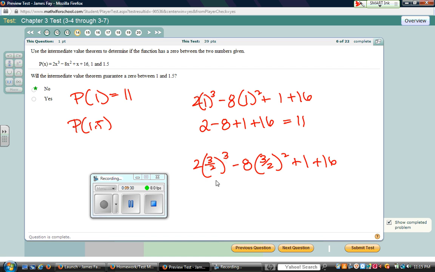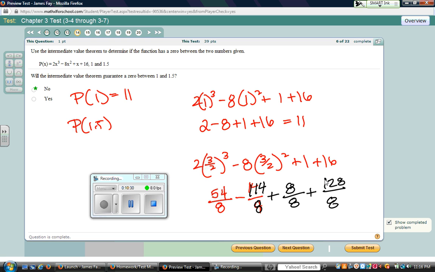That's going to give me 54 eighths, minus 72 fourths, which is 144 eighths, plus 8, plus 16 times 8, 128.